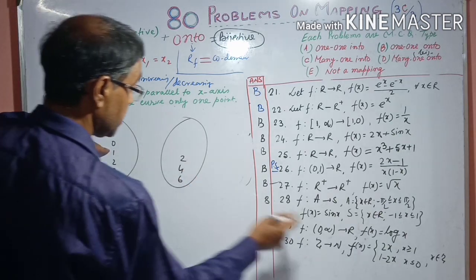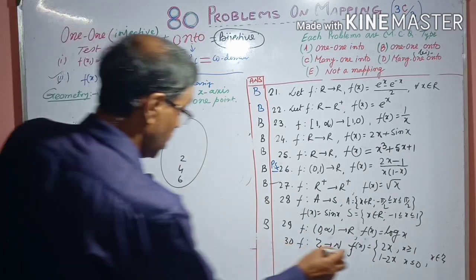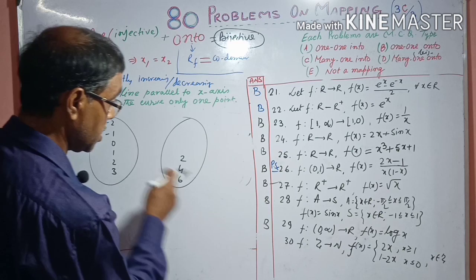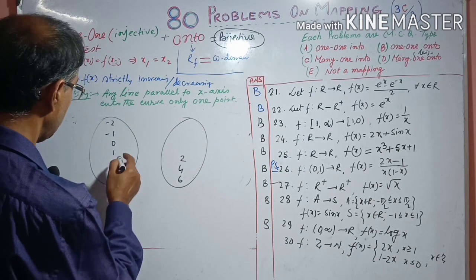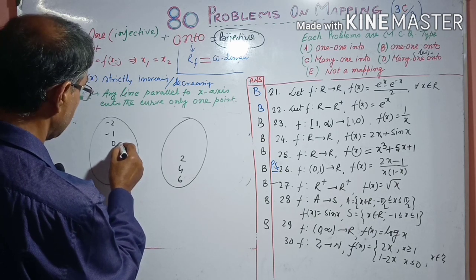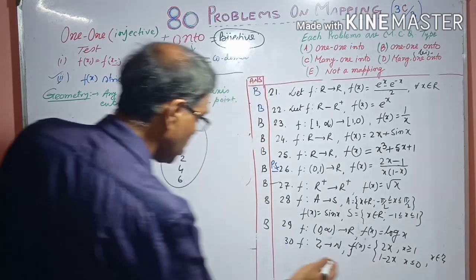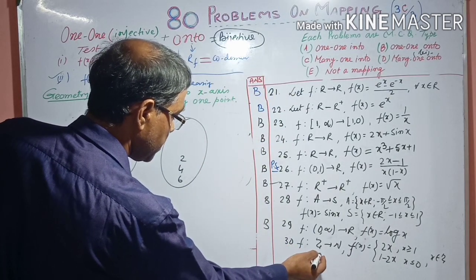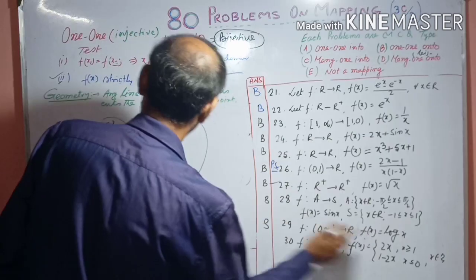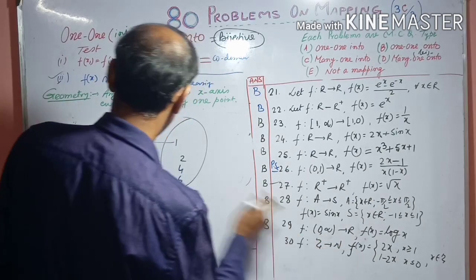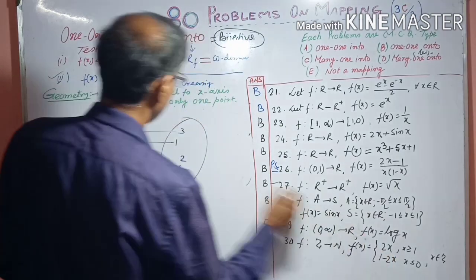Now for x less than or equal to 0: x equal to 0 gives the result 1, x equal to -1 gives the result 3, and x equal to -2 gives the result 5.